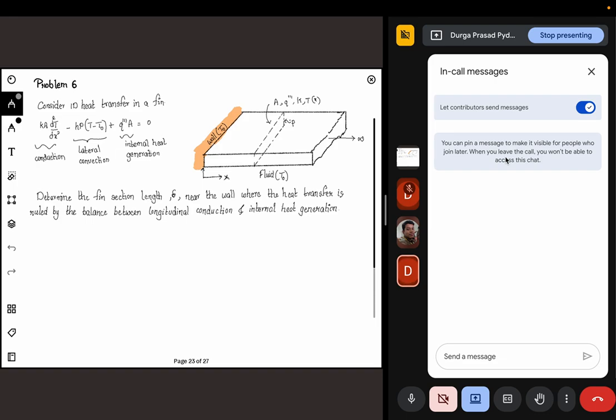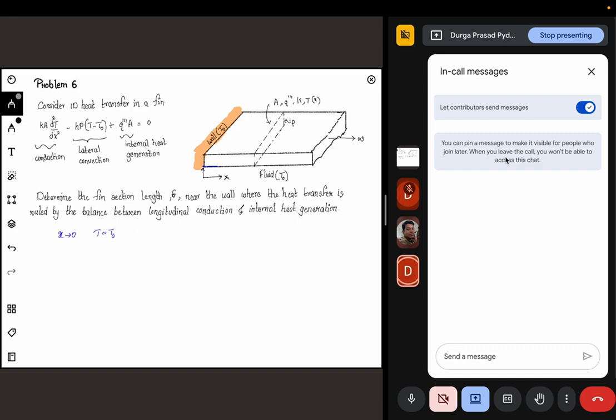Now let us put it another way. Let's say I want to find a delta where the heat transfer is ruled by the balance between conduction and internal heat generation. Basically I want to know from this point how far I can go. As x tends to 0, T will be close to T naught, right?